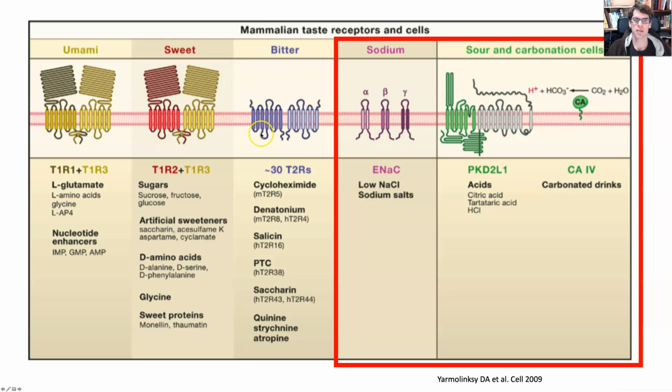Bitter is sort of interesting. Most of these have one receptor for one taste. The sweet receptor basically binds to sugars. That's sweet. Umami basically binds to amino acids. That's protein, meat, savory.